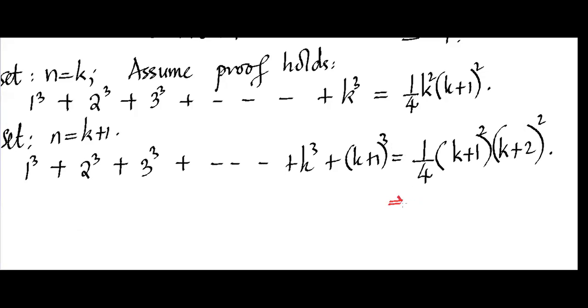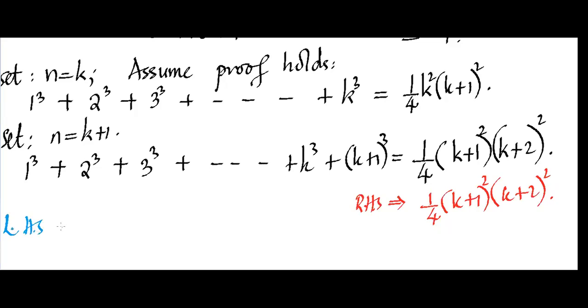However, this means you already have a right-hand side at k plus 1, which is a quarter into k plus 1 squared, k plus 2 again squared. But the left-hand side has a statement 1 cubed plus 2 cubed plus 3 cubed plus until k cubed.